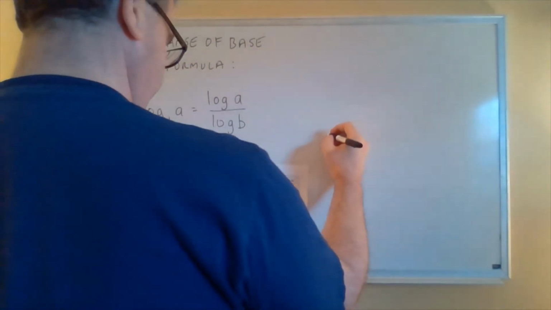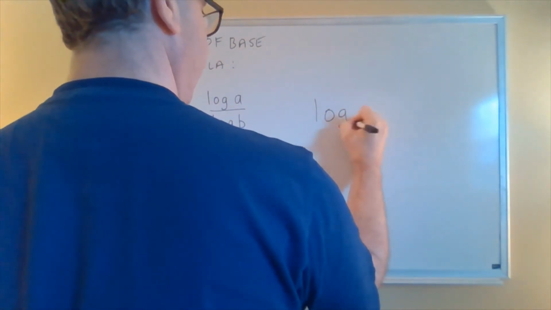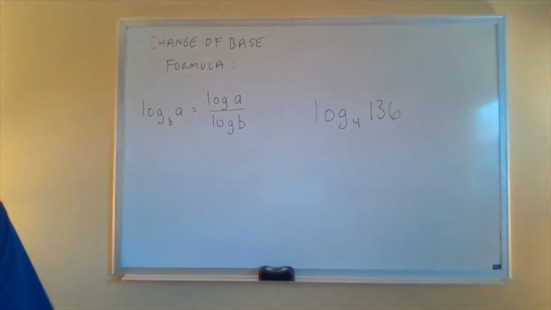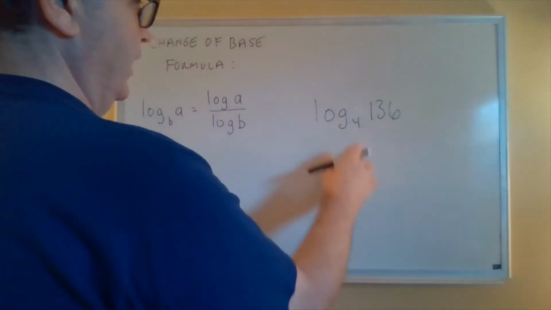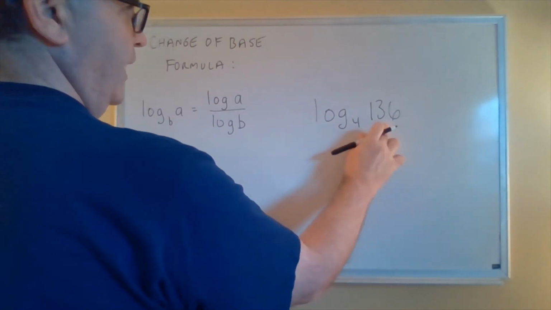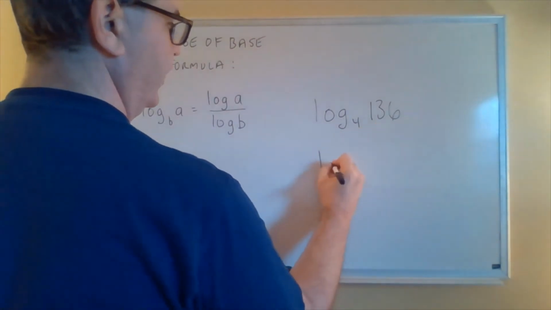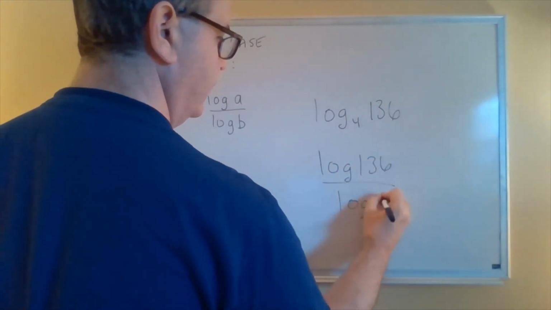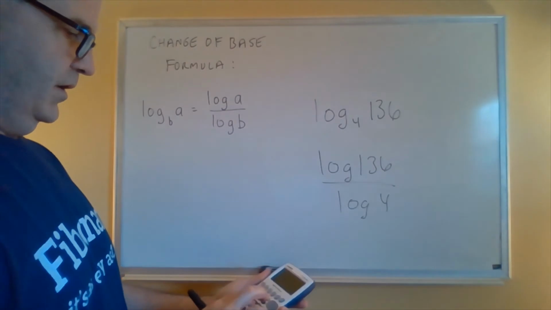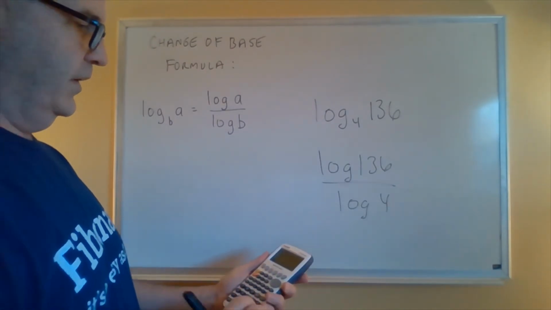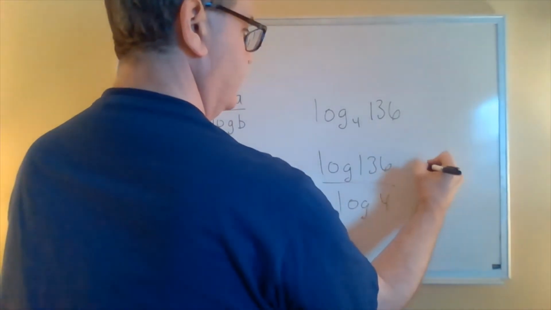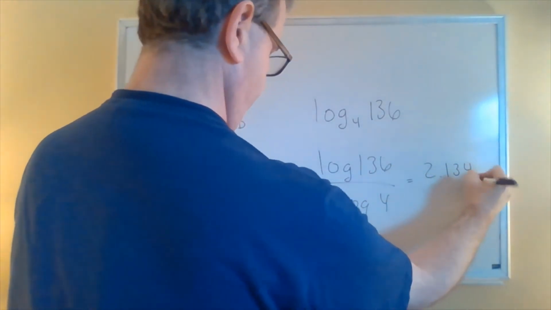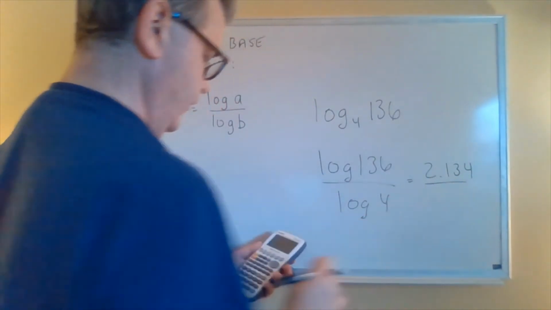Next example, I will do log base 4 of 136. So my b is going to be 4, my a is going to be 136. I can rewrite this as log of 136 over the log of 4. I'll type that into my calculator. Log of 136 equals 2.134, and that'll be over the log of 4.